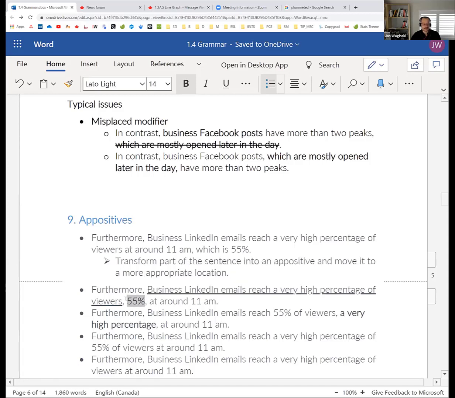It needs to go right after the thing it's describing. So if it describes a very high percentage of viewers, or if it's the same thing as those viewers, it goes immediately after. And I love these because there's no grammar. It's just a noun. It can be a noun, a noun phrase, or a noun clause.